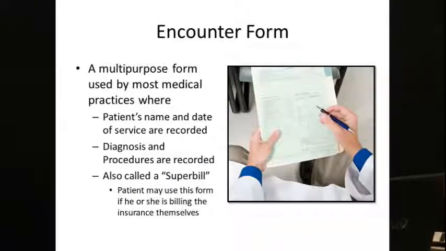The reason why it's called a Superbill, it's used by the patient if the patient is billing the insurance for reimbursement themselves. So the patient pays the provider, and then the patient bills the insurance to get reimbursed. Usually if we're not participating and we don't accept assignment, usually the patient will do that.